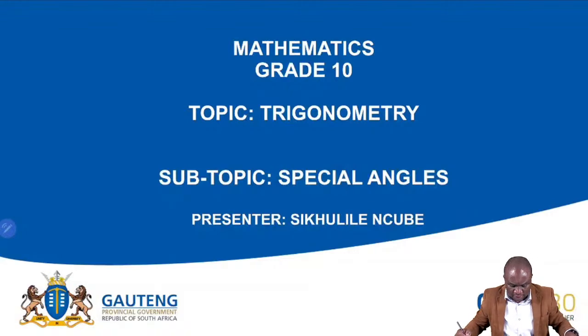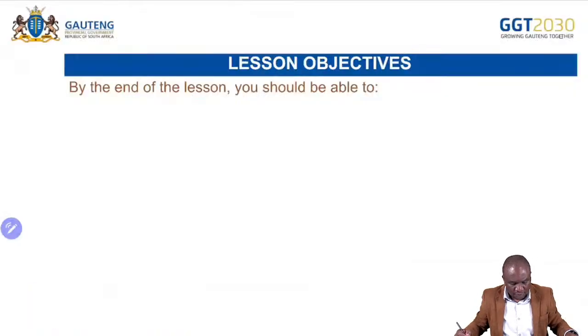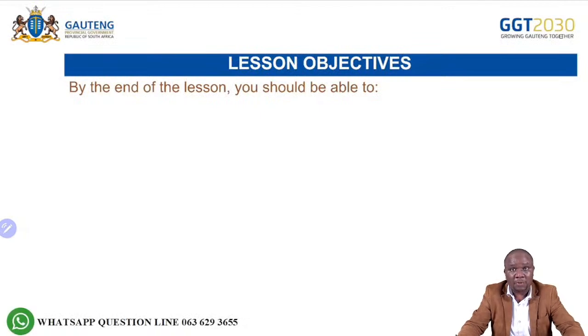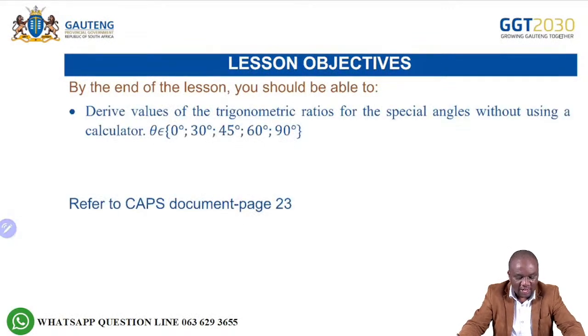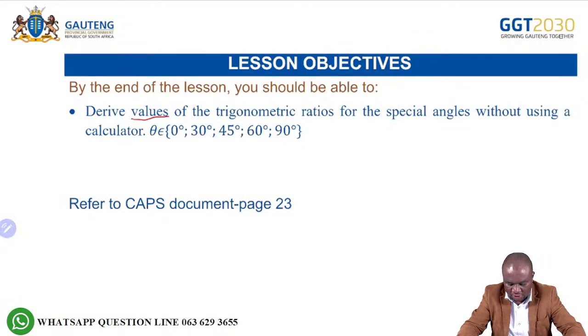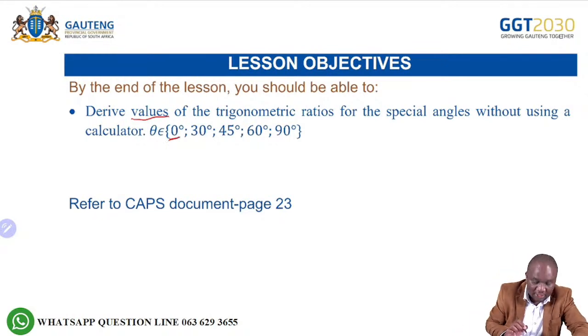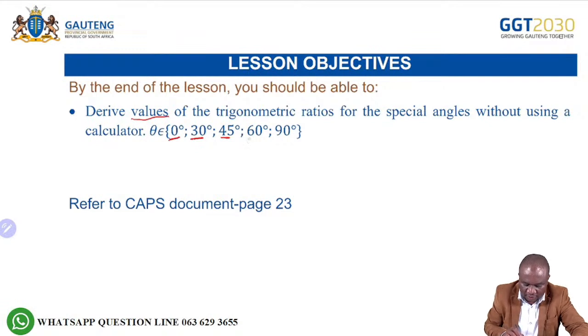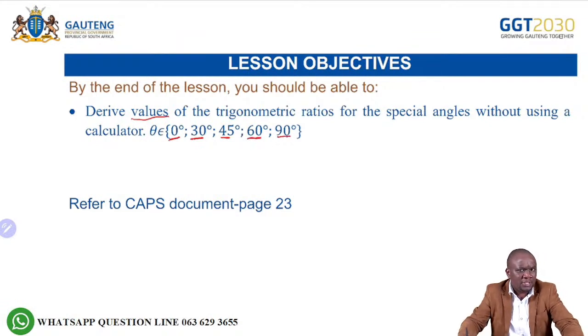Right, let's start. So, special angles. What are we going to learn? By the end of the lesson, you should be able to derive values of trigonometric ratios for special angles without using a calculator. So 0 degrees is a special angle, 30 degrees is a special angle, 45 degrees is a special angle, 60 degrees is a special angle, and 90 degrees is a special angle.